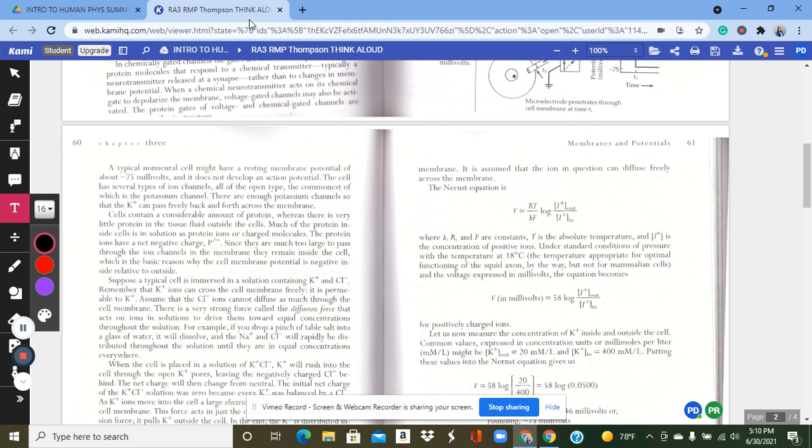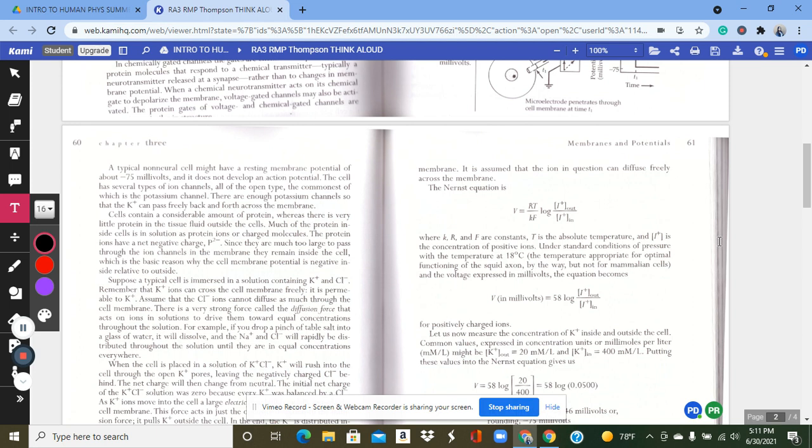So R is the universal gas constant. I think it was equal to 8.314, joules per Kelvin per mole.